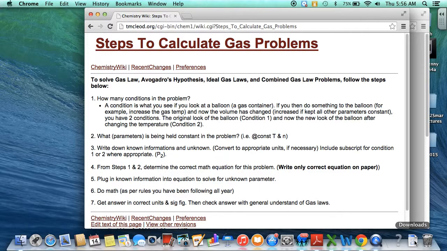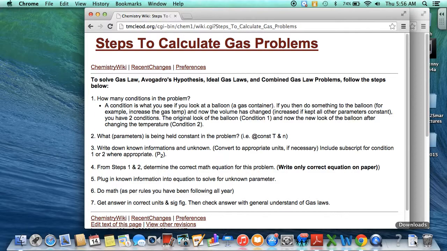Again, if you've done that in a previous video, you don't have to listen to this part. Once I get to the actual equations and the problem, you can start it up again.